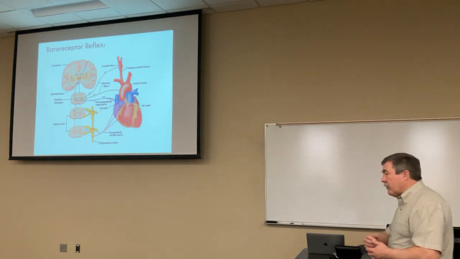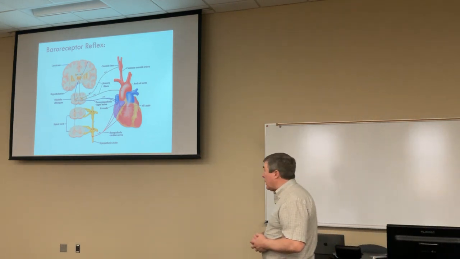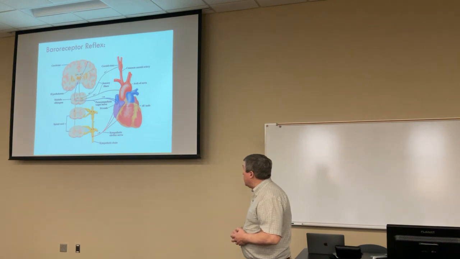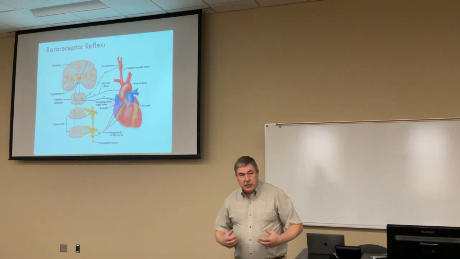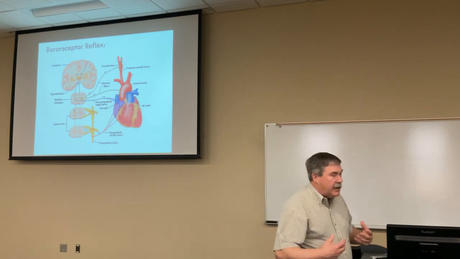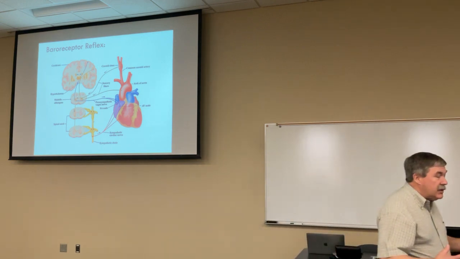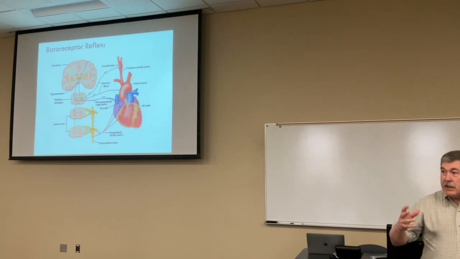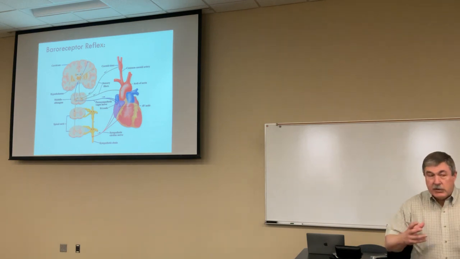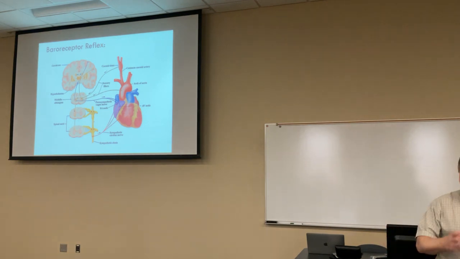The heart, however, is supplied by both divisions of the autonomic nervous system. So if blood pressure is too low, you get an increase in sympathetic stimulation of the heart. That's going to increase both heart rate and contractility, which increases stroke volume. That's going to increase cardiac output.